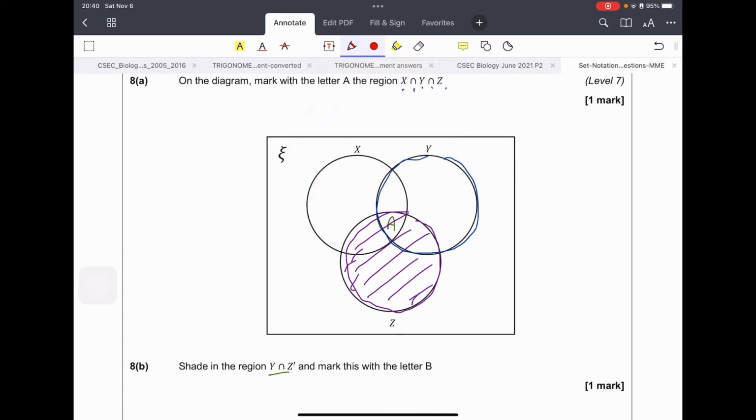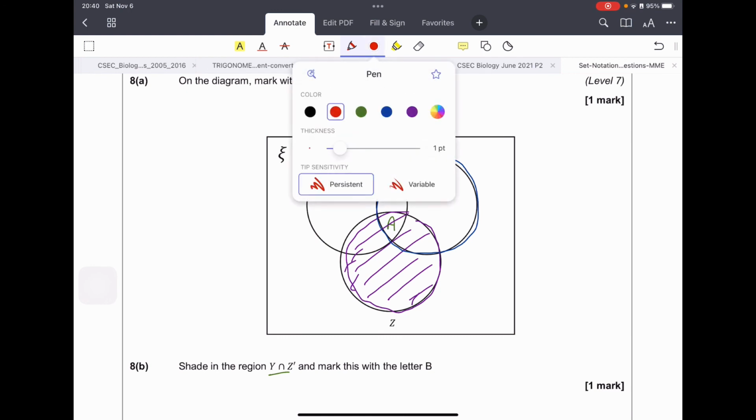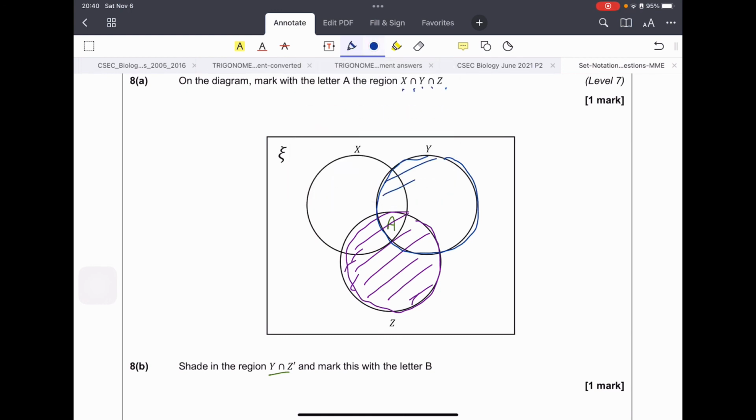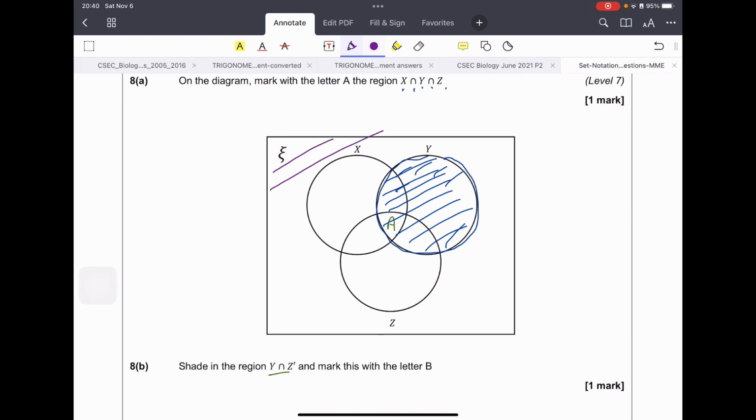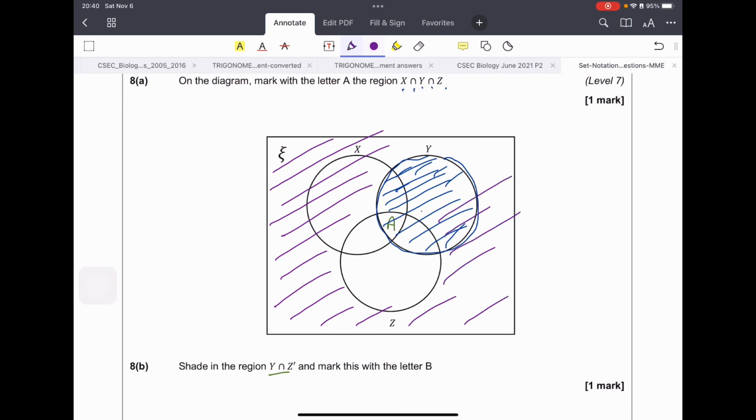Now it's best that I actually shade Z prime so we can see where the shading overlaps, right? So I'm going to take off the purple here because it might be a little misleading. So the purple represents Z prime, okay? So Z prime, everything that's not in the circle Z. Everything here. Right, so we can see where our purple and blue overlap.